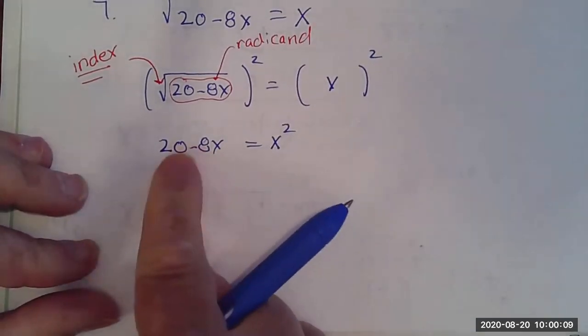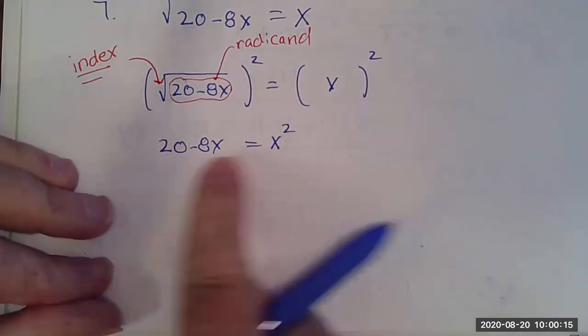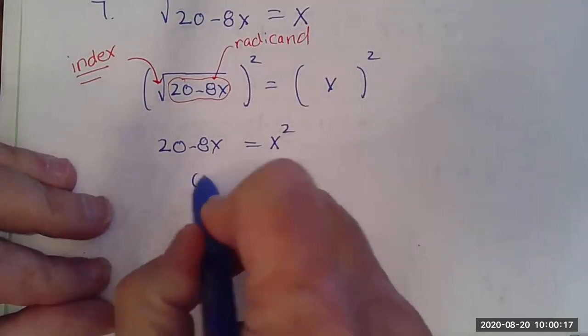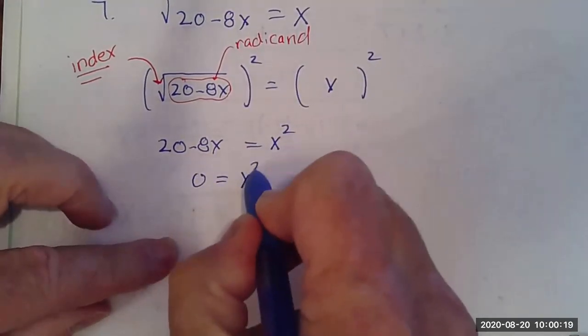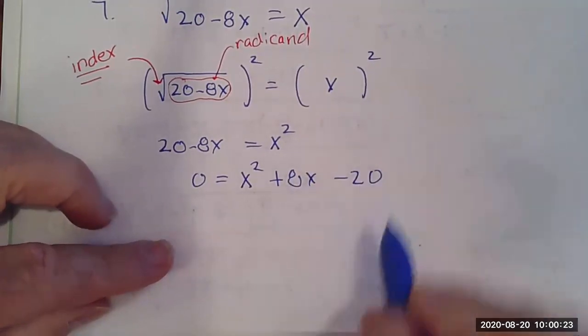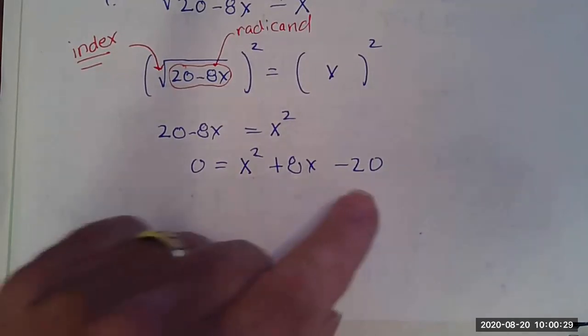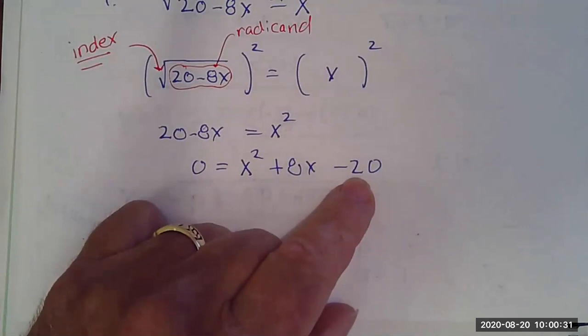So I'm going to choose to move both of those guys over here so it keeps my quadratic with a positive leading coefficient. I'm going to make this 0 equals x squared plus 8x, subtract 20, and then see if it factors, because that'll be the easiest way of approaching this. Let's see, 20. 2 and 10, I think that works.